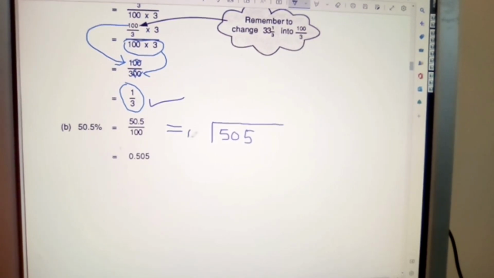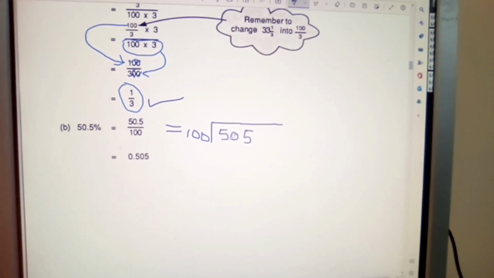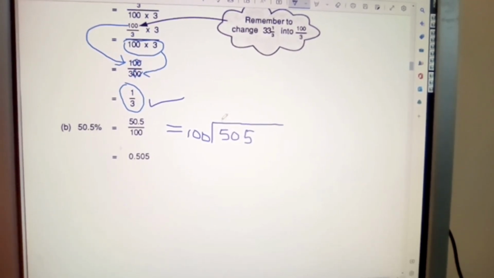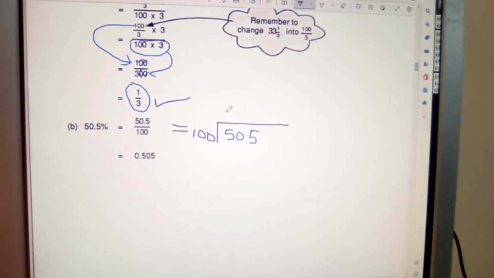Divided by 100, okay? Now 105 you can't go. 105 cannot go, okay? So 0 goes there. Decimal point 0.